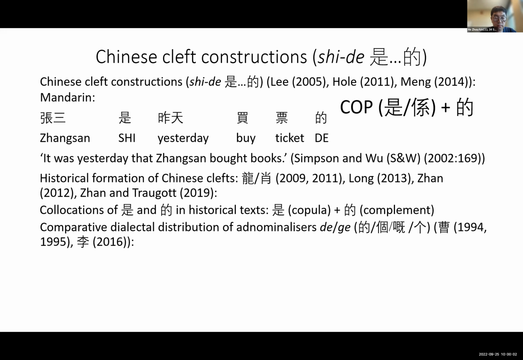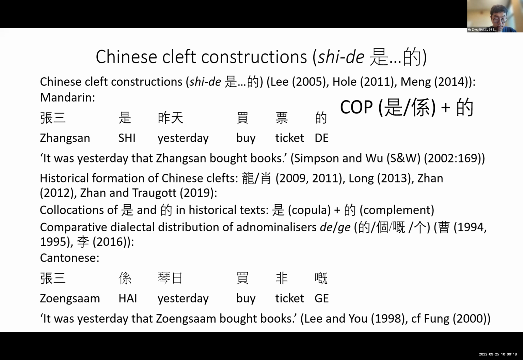De is used in Mandarin and is commonly labeled an adnominal, corresponding to many forms like ge and ke in other dialects. In Cantonese, the exact equivalent of the Mandarin example would use hai as the copula and ge, equivalent to Mandarin de.